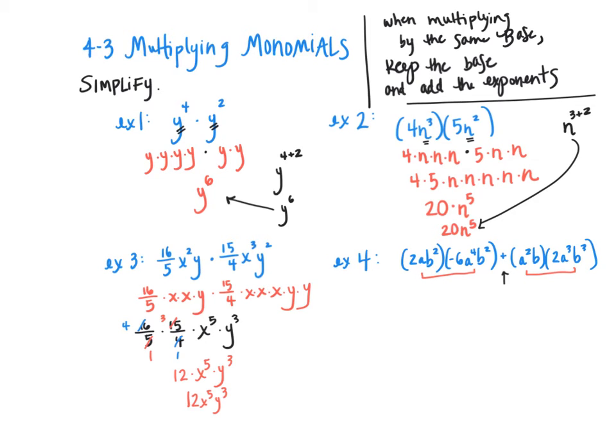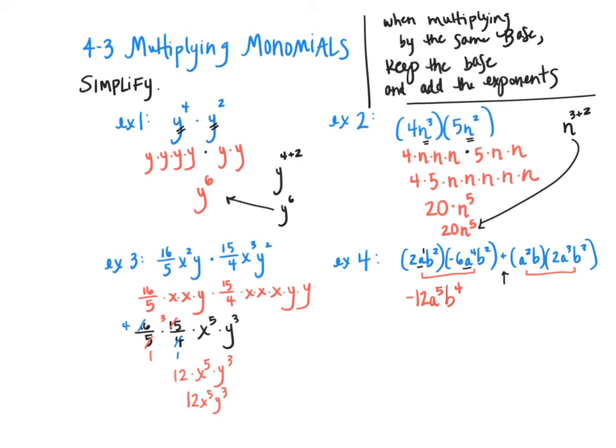And the important piece is that you're always multiplying by the same base if you want to apply that exponent rule. Okay, so 2 times negative 6 is going to be negative 12. Then notice I have a times a to the 4th. If you need to put a little 1 right there, it's an understood 1, you can. And so that would give us a to the 5th and b to the 4th.